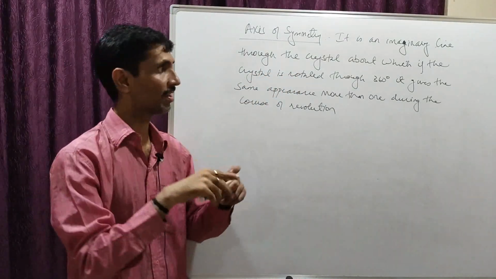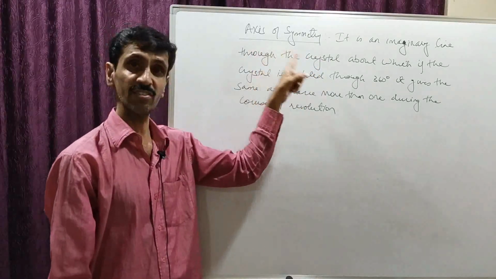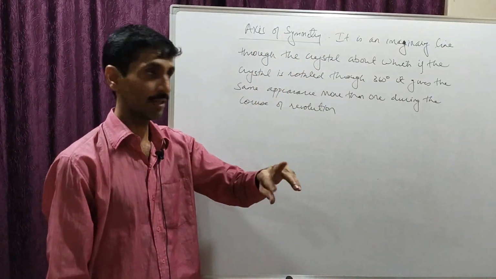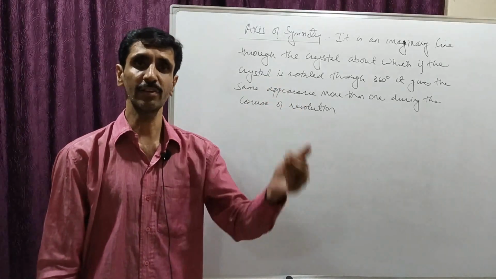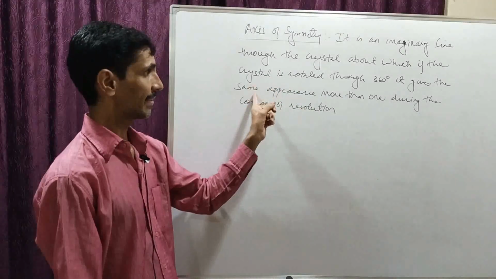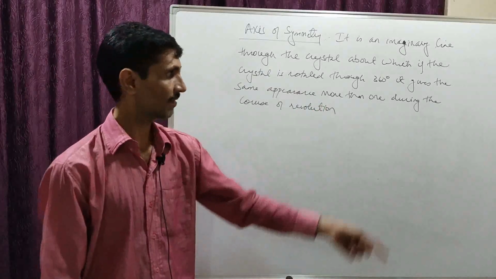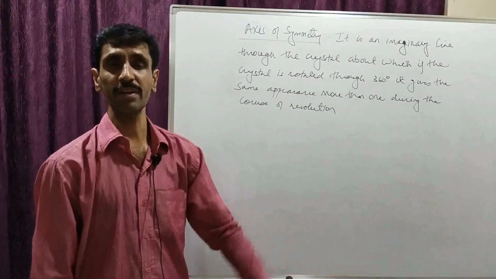It is an imaginary line through the crystal about which, if the crystal is rotated through an angle of what? 360 degree, then it will give the same appearance more than once during the course of revolution.